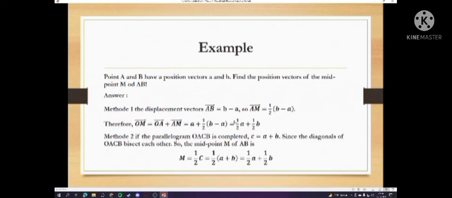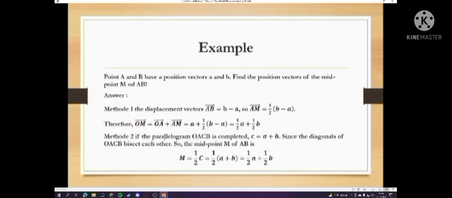So, vector AM equals 1 over 2 times b minus a. Therefore, vector OM equals vector OA plus vector AM equals a plus 1 over 2 times b minus a equals 1 over 2 a plus 1 over 2 b.